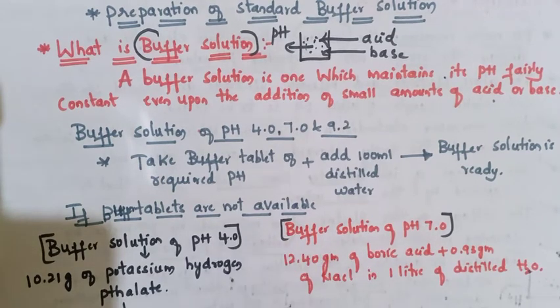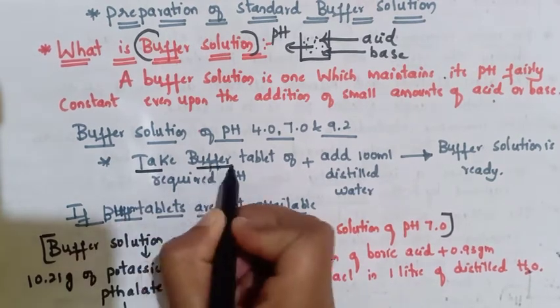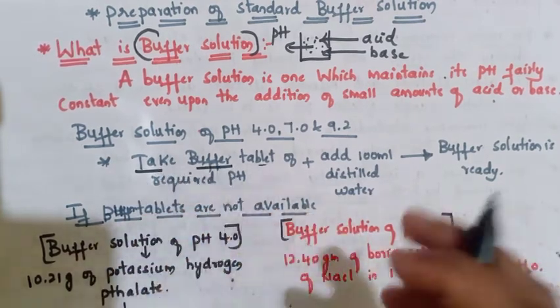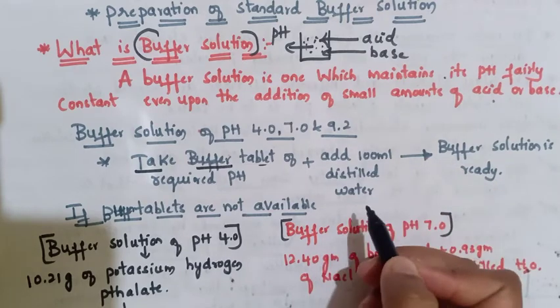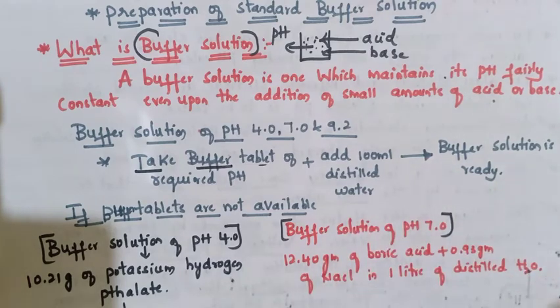Buffer tablets of the required pH are available in the market. So we take a buffer tablet of the required pH and add 100 ml of distilled water to it. Then we get the buffer solution ready.